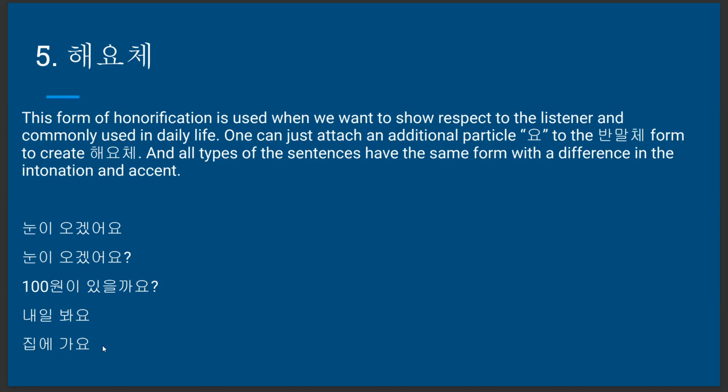It may mean I'm going home, I go home, or it can also mean go home, when you tell someone to go home. So 집에 가요, like your boss might say it's 6 o'clock, so it's time to go home, and he can say to you, oh, 집에 가요. 집에 가요. Pay attention to the intonation and accent.